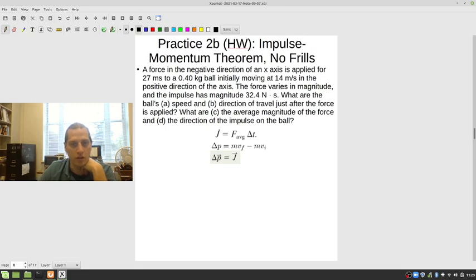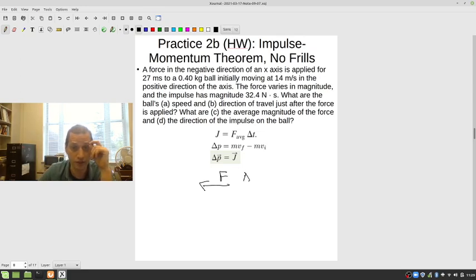The impulse momentum theorem says that you take an impulse, you apply it, and it causes a change in momentum. So in this story, a force in the negative direction of an x-axis is applied. So our F is going that way, applied for 27 milliseconds.